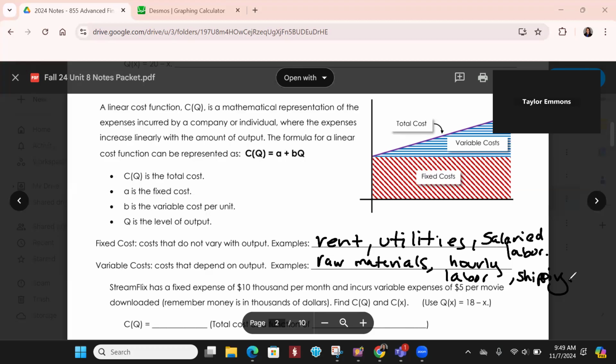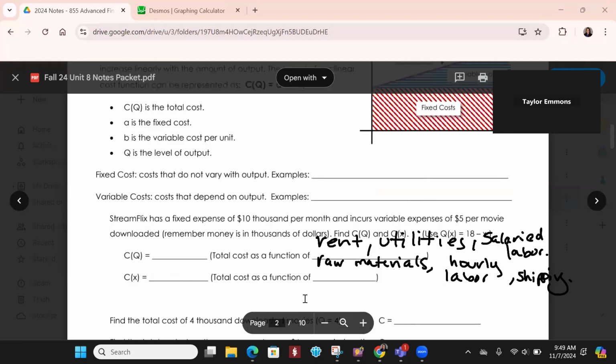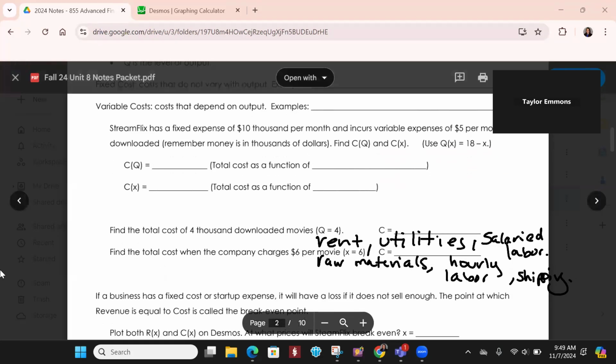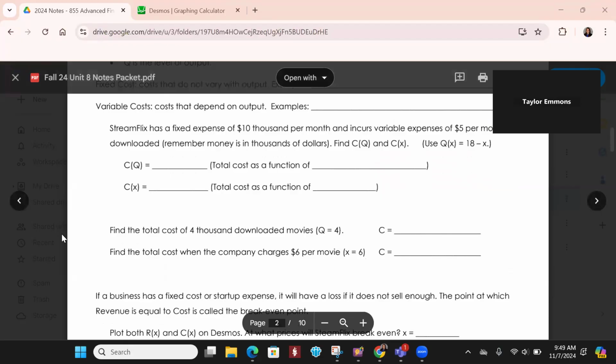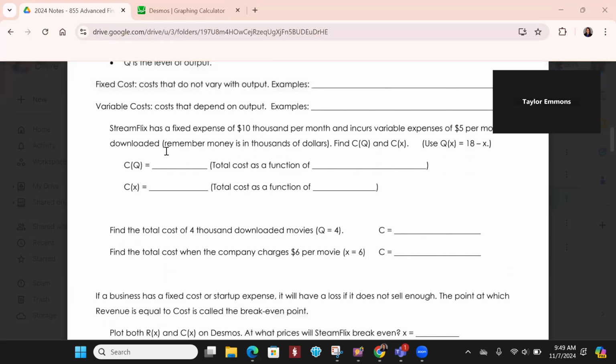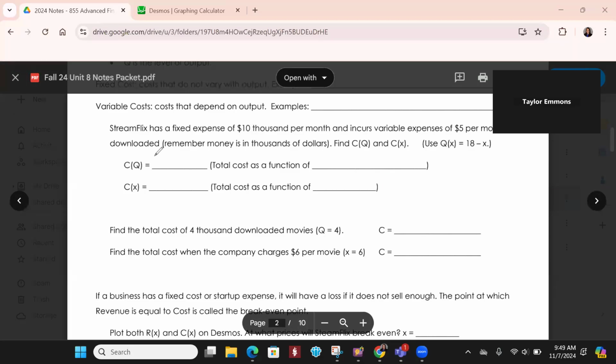So C of Q. We're trying to find the cost of the quantity. Here's your fixed expense, that $10, so that's your A. Your B is the variable cost. How much is it per movie downloaded?